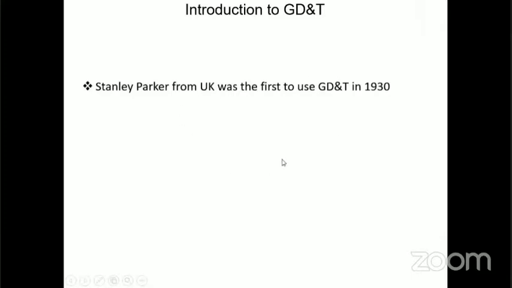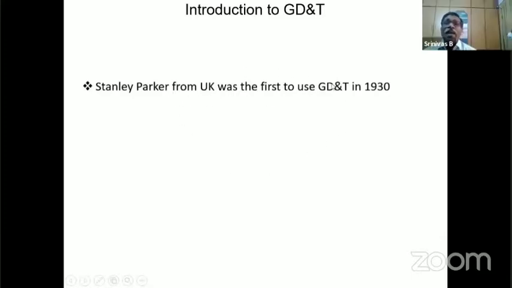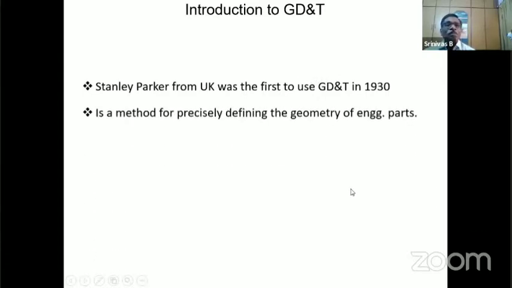So, therefore, I would like to say why GD&T has come into existence. The reason is, before, we had dimensions and tolerances only. GD&T has brought the word geometry. Geometrical constraints are brought with the help of GD&T. Right, sir? It is a method for precisely defining the geometry of engineering parts.